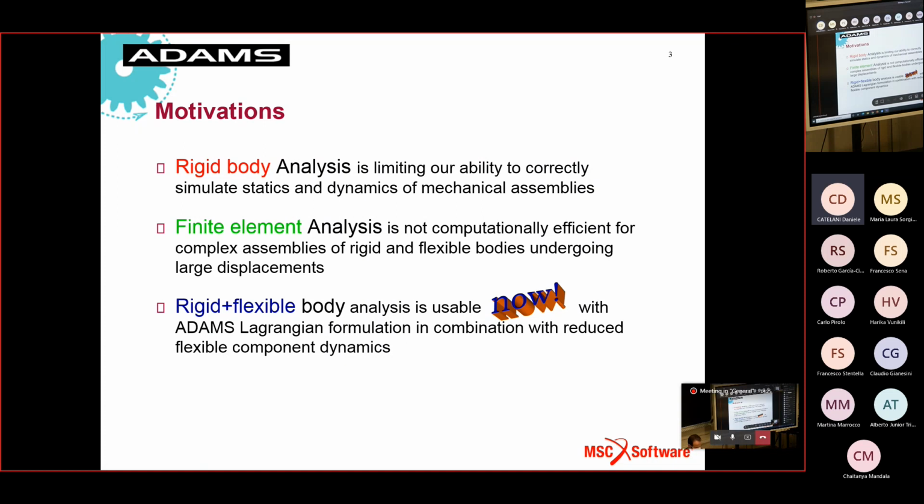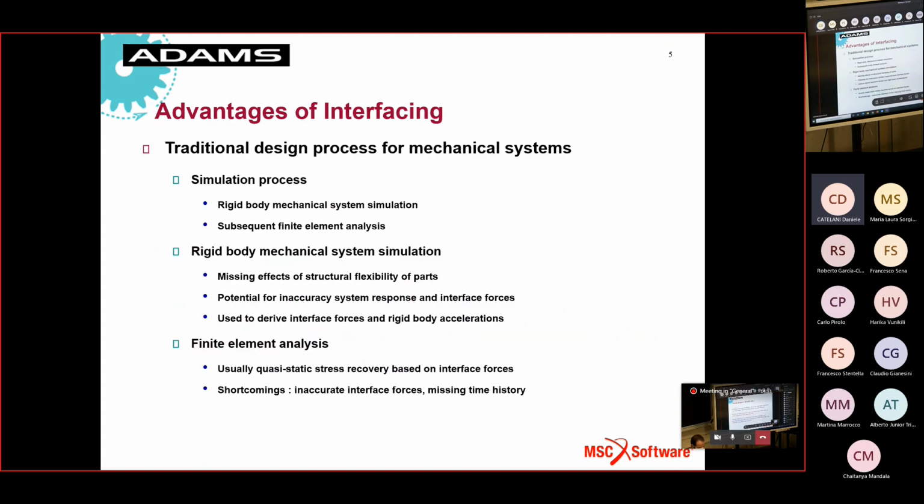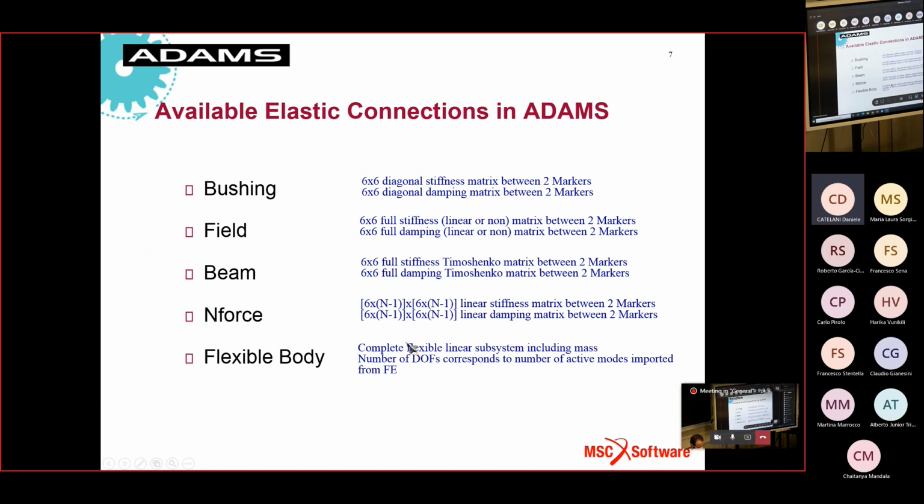So we changed our multi-body technology in order to introduce the flexible body. The idea is the following: instead of discretizing a rigid body in many rigid bodies connected by elastic connections, like bushing, like field, like beam, as we did until 1994, we introduce a new component called a flexible body, and in this component we have a modal description of flexibility.